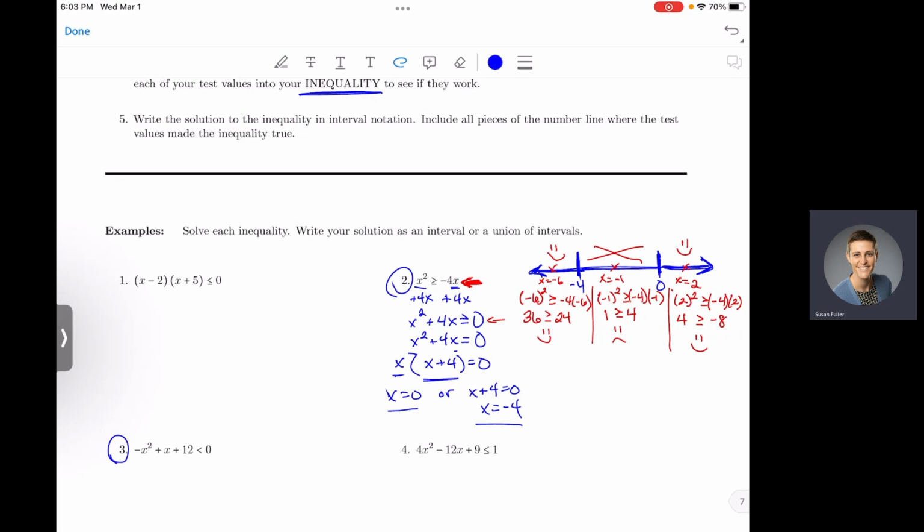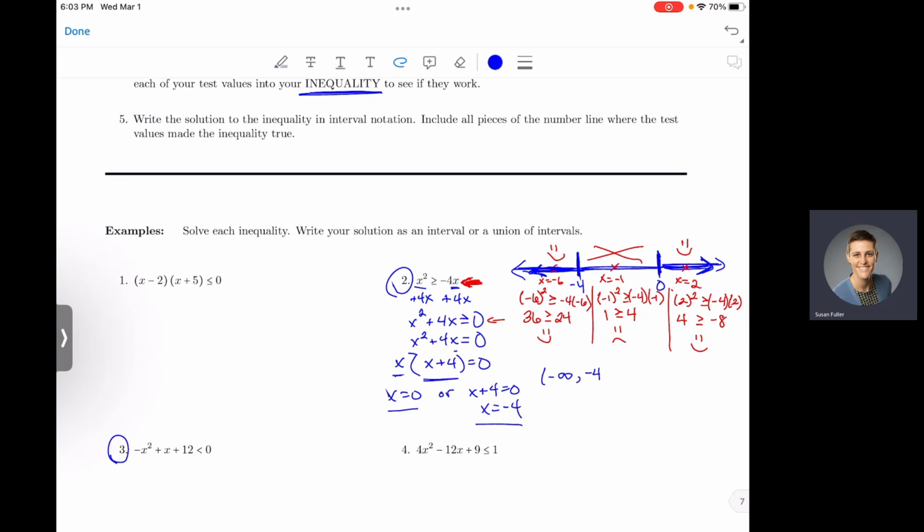We're going to include any pieces that work. So the pieces on the outside worked. So it's everything less than negative 4 and anything greater than 0. This piece over here on the left is going to be negative infinity to negative 4.